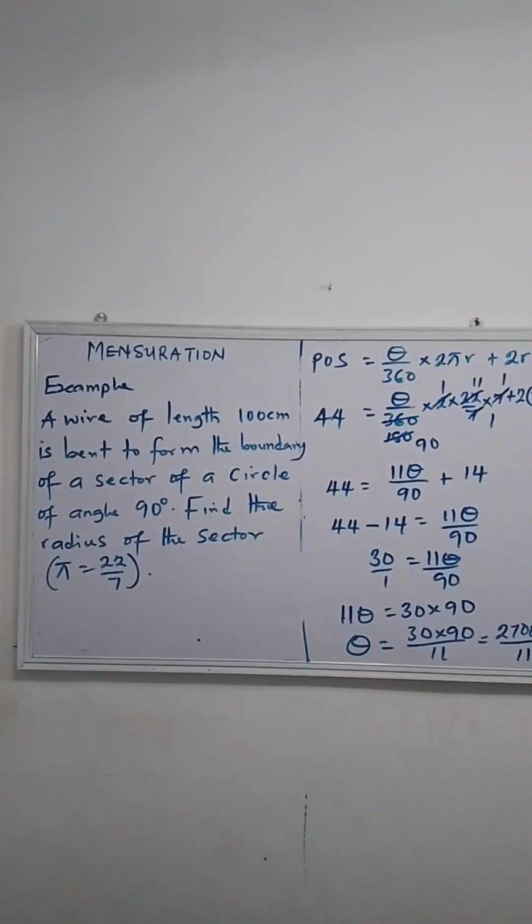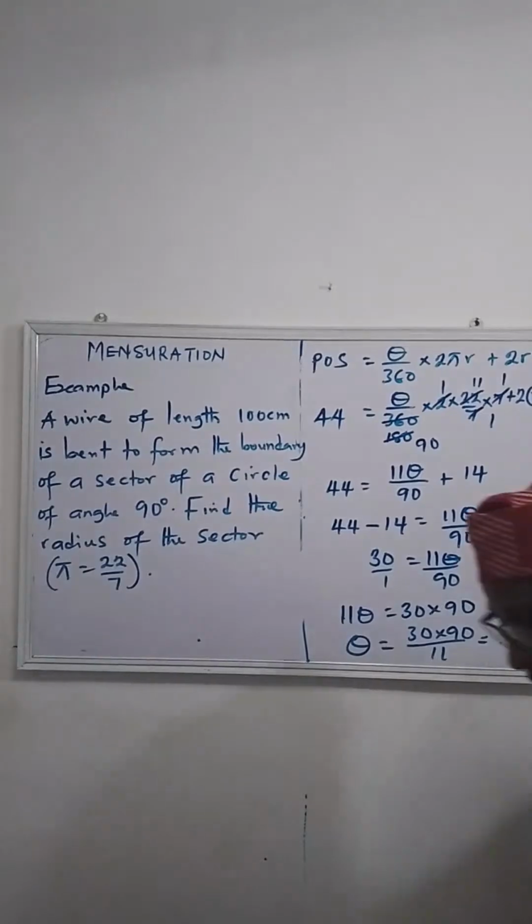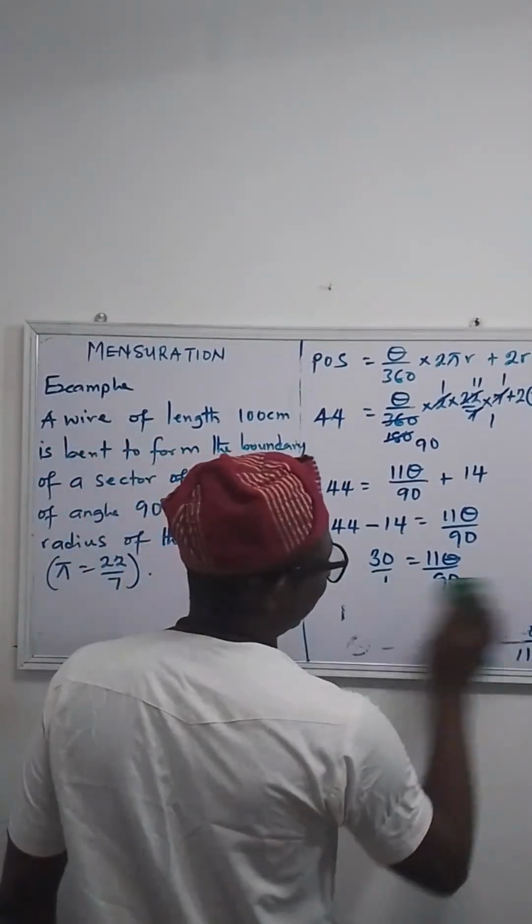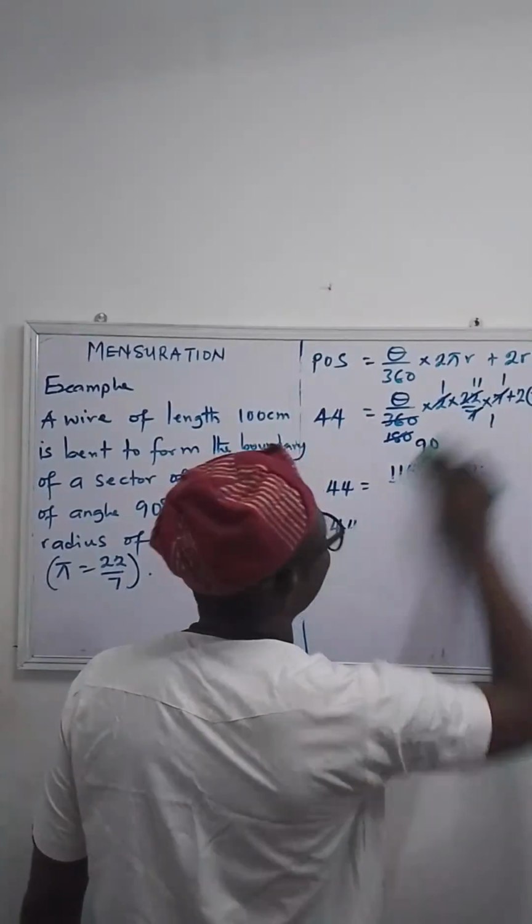And Raji Darasimi, what's your answer? Okay, yes, because of our time, we need to quickly solve the problem. Now let's solve it together so you can cross-check because you have it in your notes.